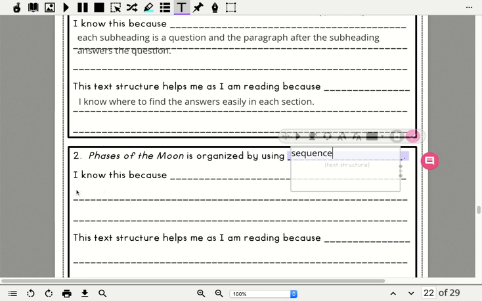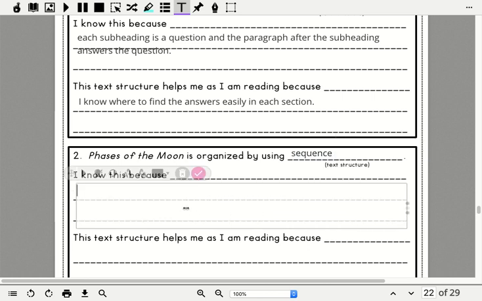Okay. I know this because each phase is told in order. Okay. And it uses transition words.